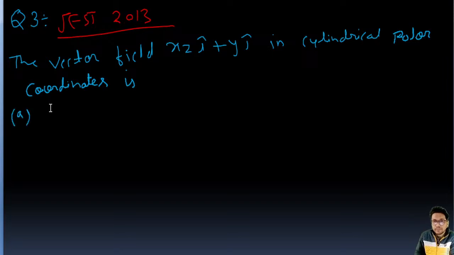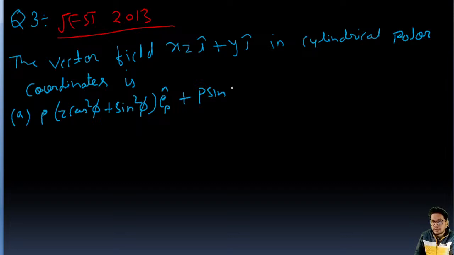Option A: rho z cos square phi plus sin square phi rho cap, plus rho sin phi cos phi into 1 minus z phi cap.